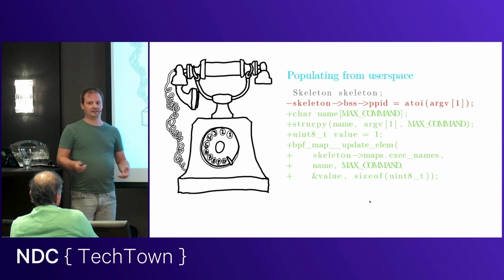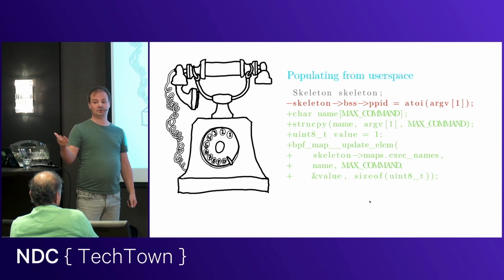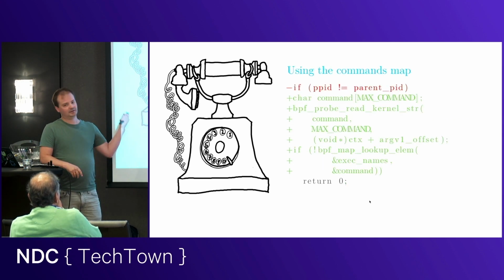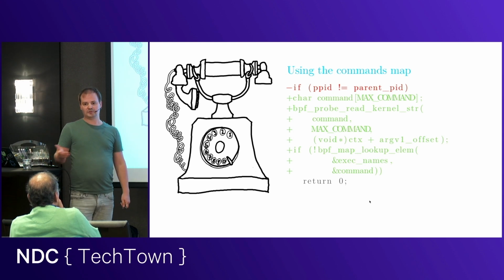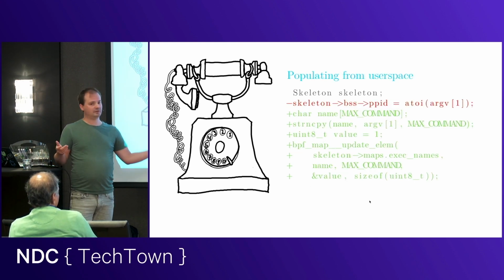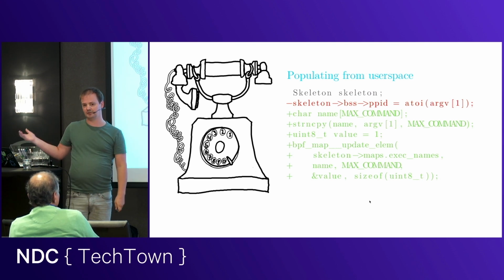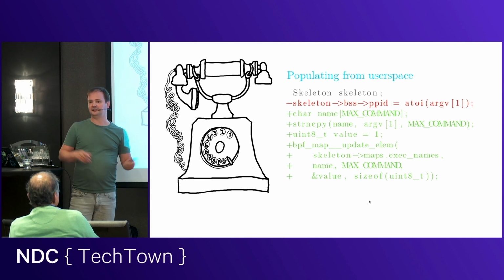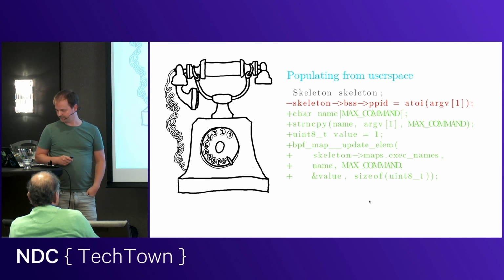When I've done that, the map contains some new data, so the next time the eBPF program runs, it will know what content is in there. In this example this just happens when we start up, but this could of course be dynamic. I could from user space both add and delete elements and do whatever I want.